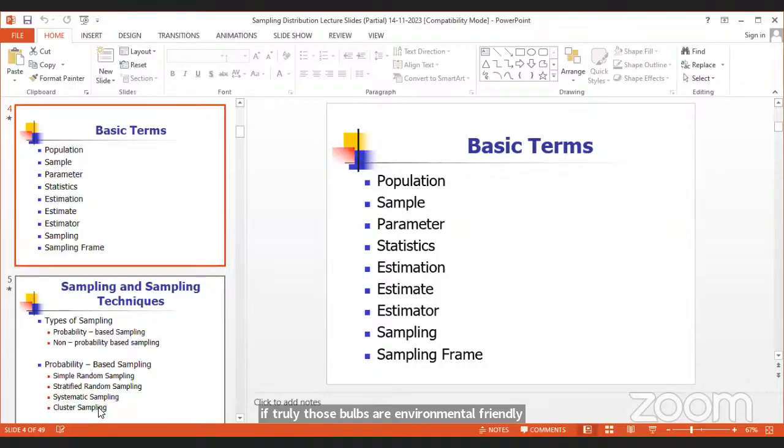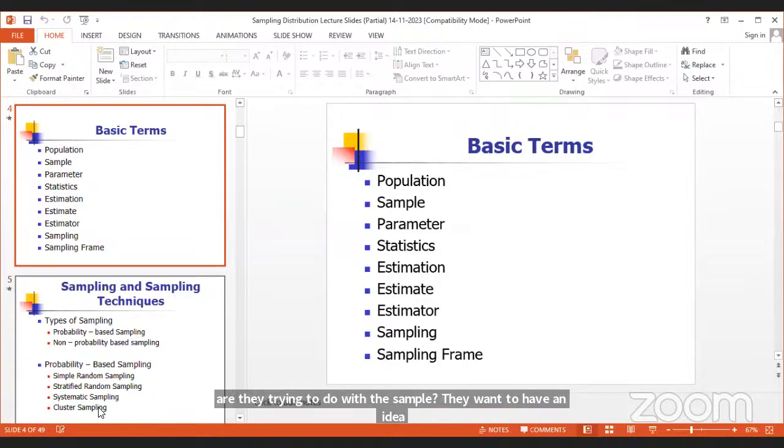The regulator will require a sample of the bulbs to test. What are they trying to do with the sample? They want to have an idea of the quality of the bulbs that are being imported.